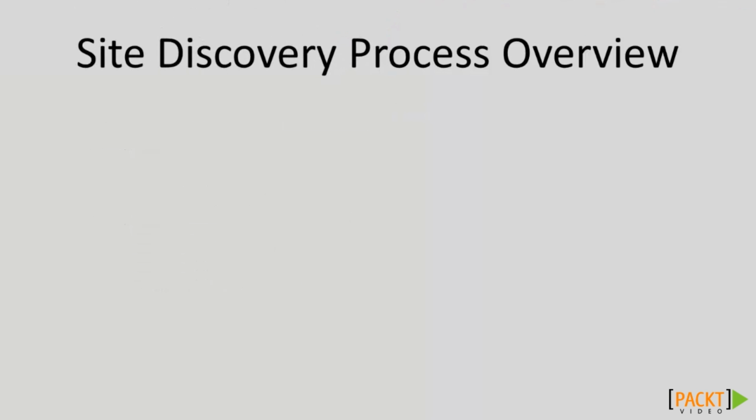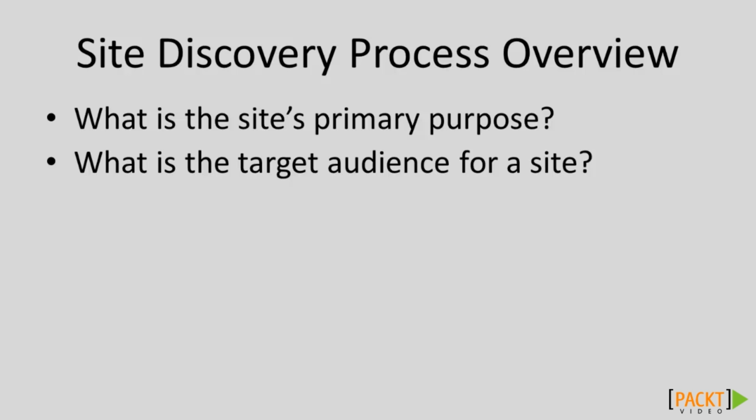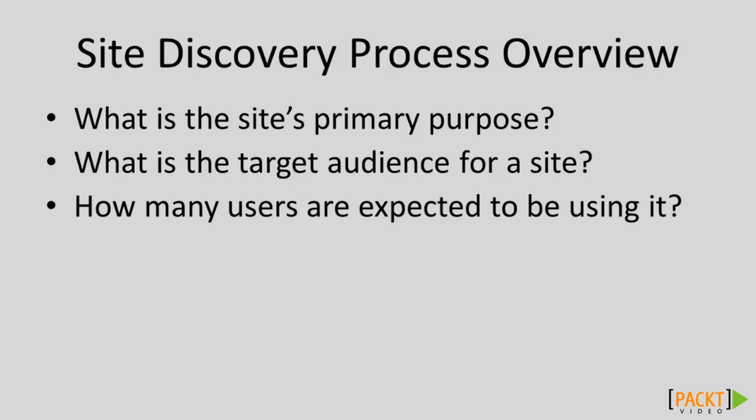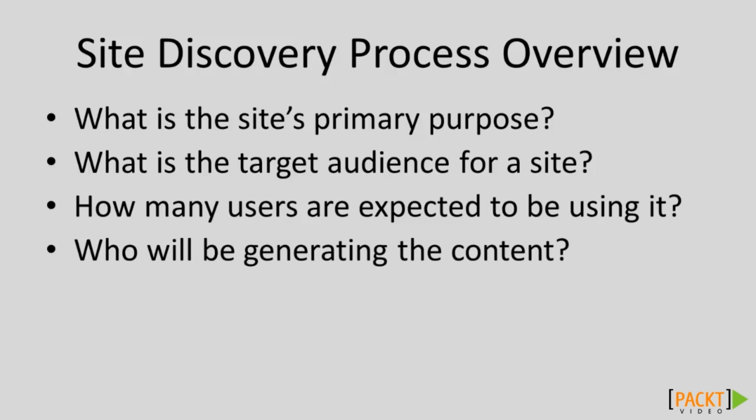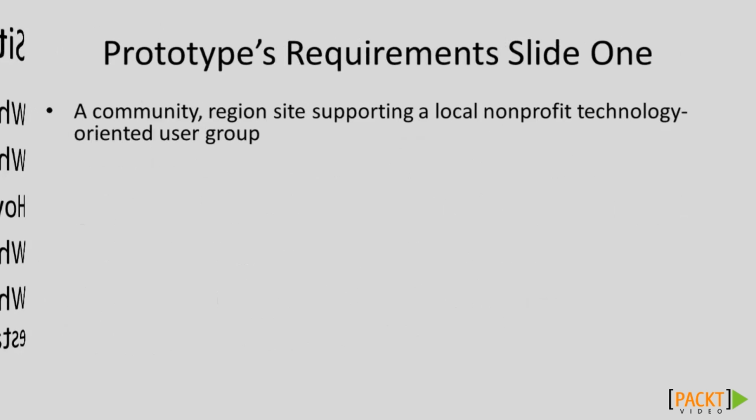The site discovery process is a series of questions that you ask someone about what their site is to do. What is its purpose? What is the audience? How many users are expected to be using it? And who will be generating the content actually found on the site? And what other sort of restrictions need to be set up insofar as from the management side of things?